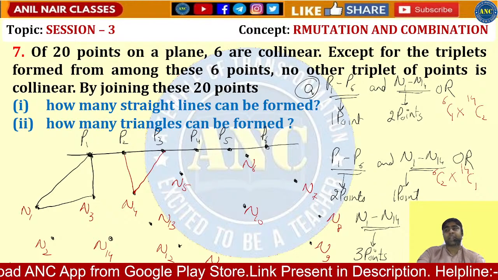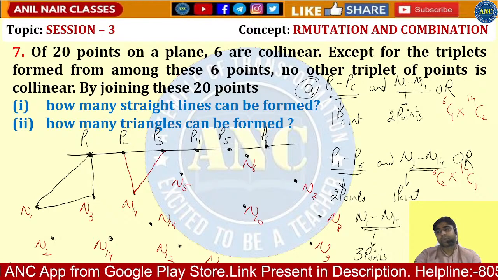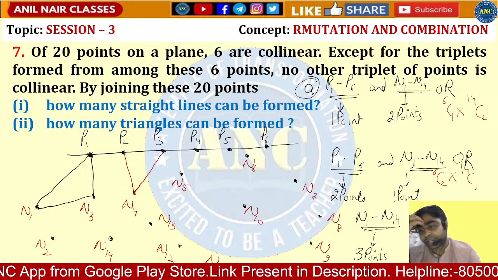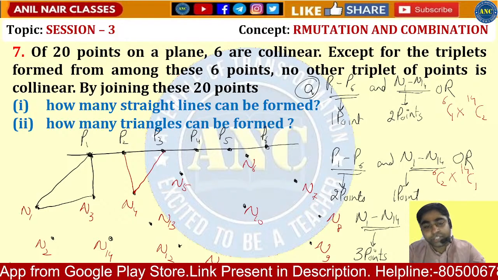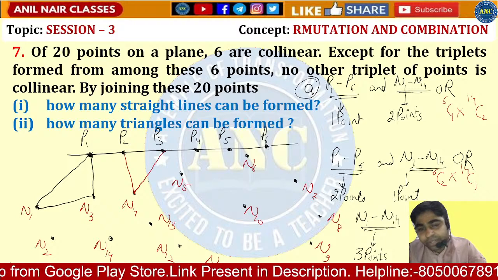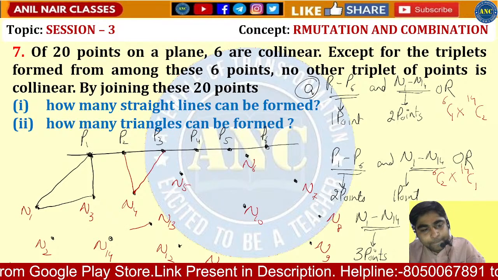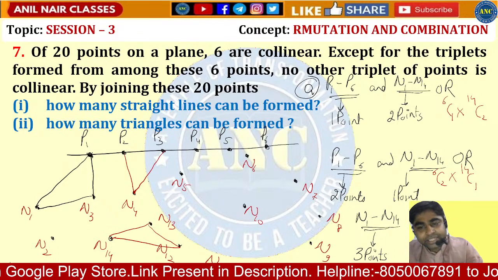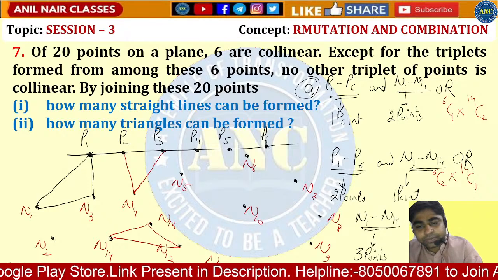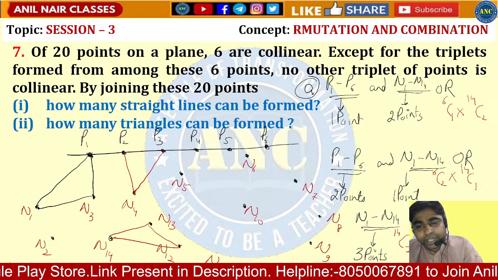Okay, and if I take directly 3 points from these 14, then also it becomes a triangle, and this would be 14C3.